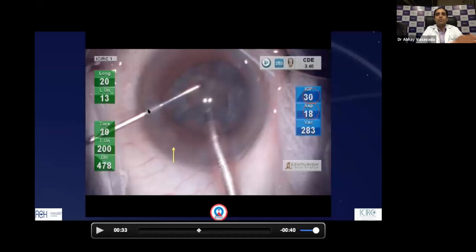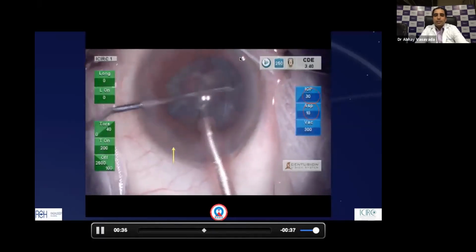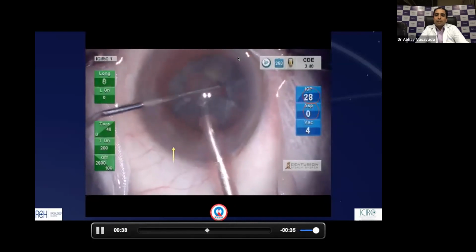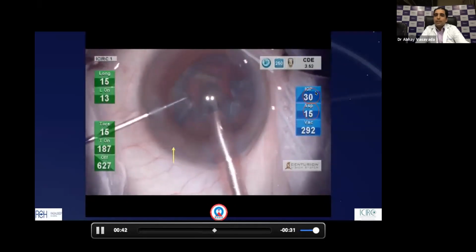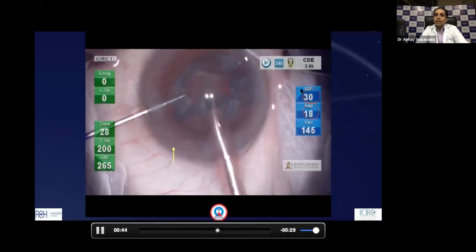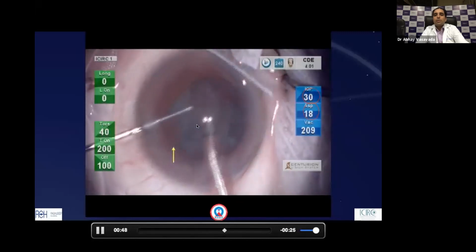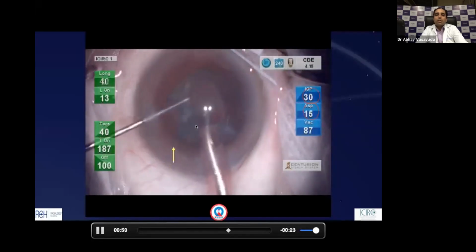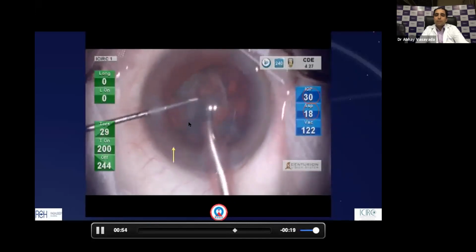Never do that. There are two things you can do. First, notice what I'm doing here. I've gone into foot position 0, so now the chamber is allowed to collapse. I've also reduced my bottle height from 40 to 30. By reducing the parameters, notice how the pupil goes back to its normal location.